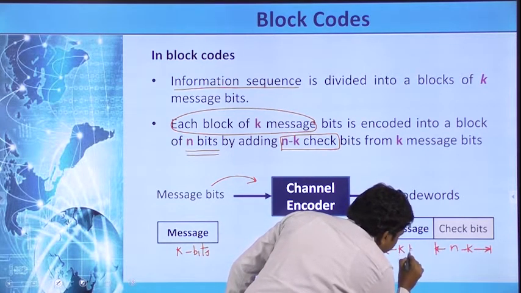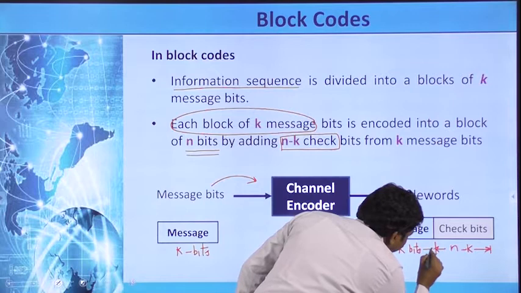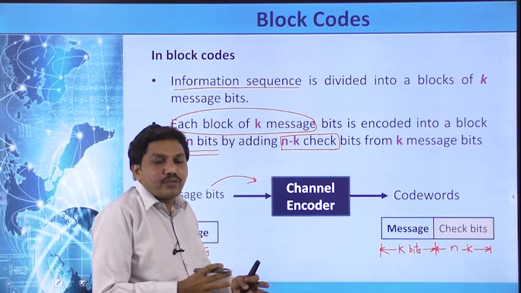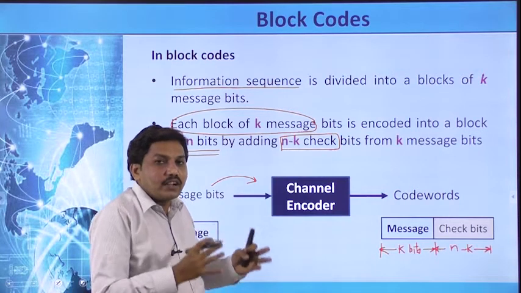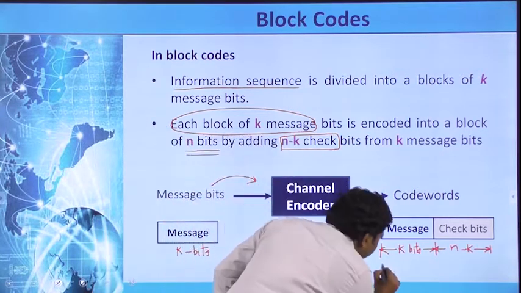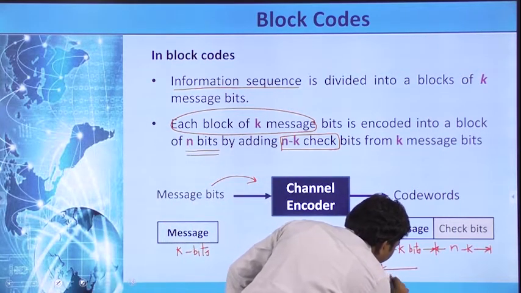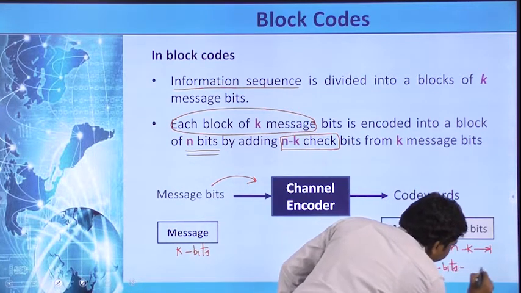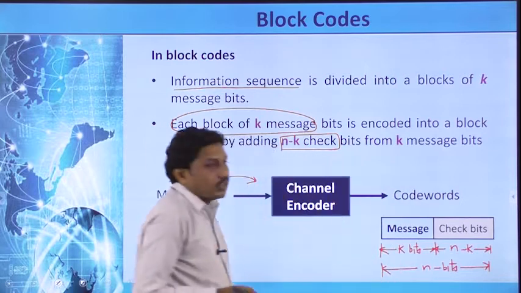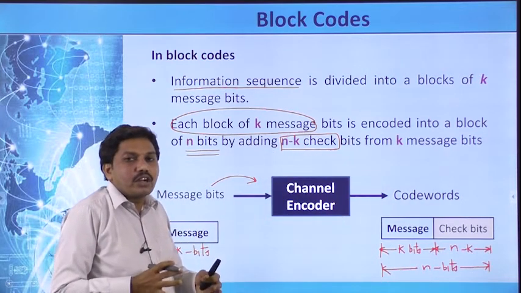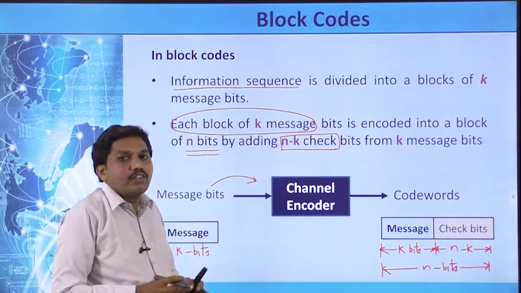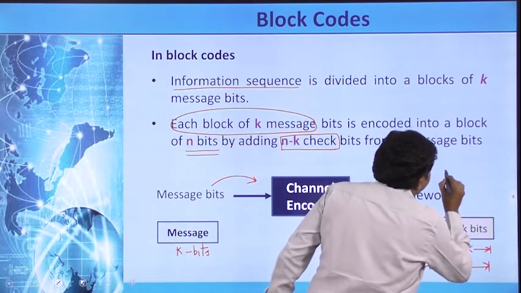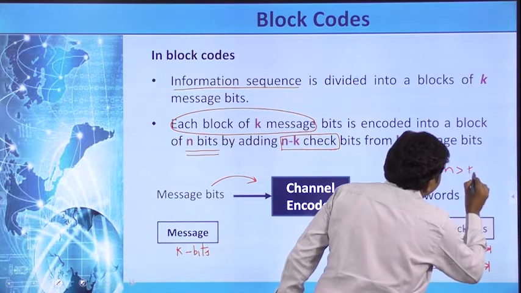These are k message bits. So the length of the code word, from this one to this one, is equal to n bits. The output of the channel encoder is called the code word, which consists of n bits. Always remember, n is greater than k.